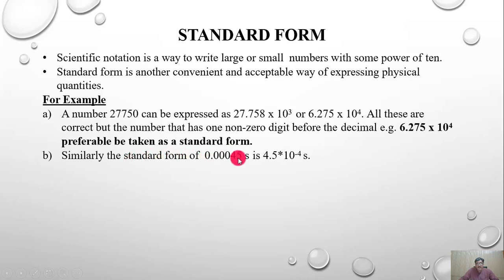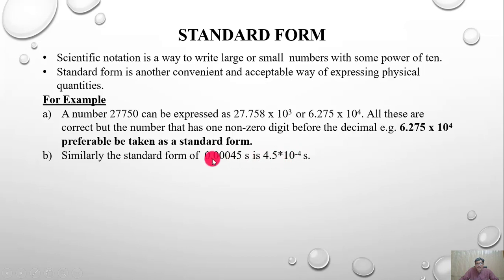Similarly, the standard form for this will be 0.45 into 10 power minus 3 second, or if you follow this, that one non-zero digit should be before the decimal, then it will be 4.5 second into 10 power minus 4 second. What happened is that we have shifted the decimal towards right, one digit, second, third, and fourth digit. 4 digits we have moved, so it is 10 power minus 4.